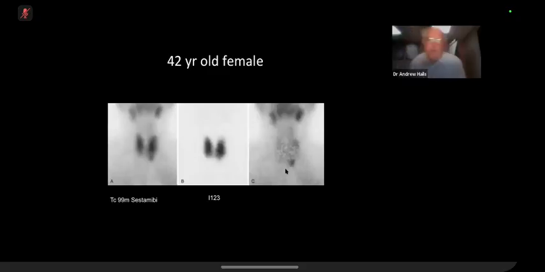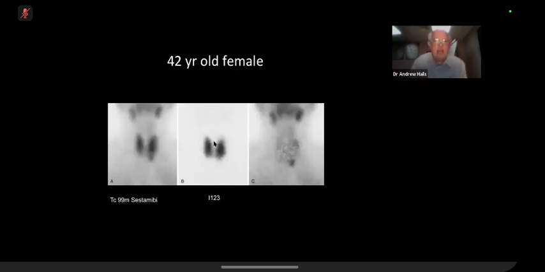Yeah, I haven't really explained this, so I'll explain it now. It is an enlarged parathyroid, that's true. But the thing is that this is SESTAMIBI, which is taken up by the thyroid gland and the parathyroid glands. Then in the middle, we've got I123, which is taken up just by the thyroid.